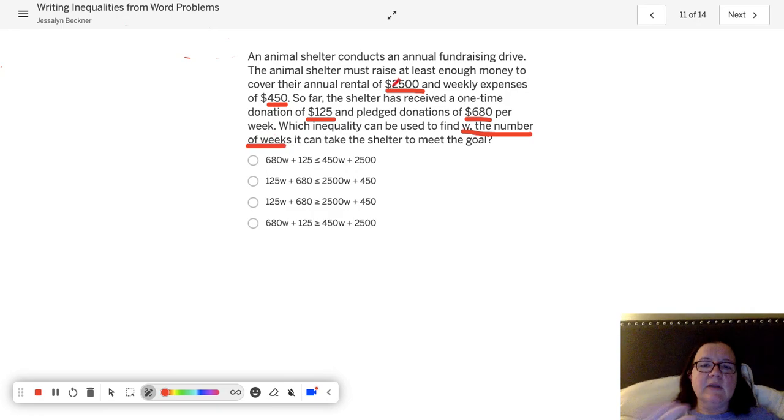Okay, so let's look at all these numbers. It looks like so far we know that it costs them $2,500 plus their weekly expenses of $450. Okay, so let's look down here and let's see what we can find here. All right, so we want to make sure that we are covering that $2,500 plus the weekly expenses of $450.